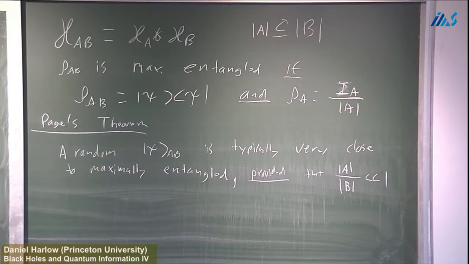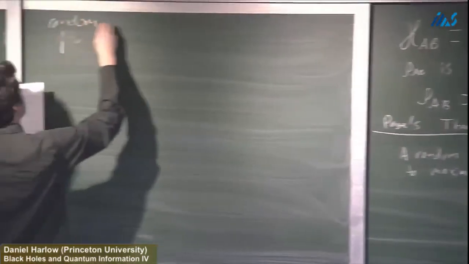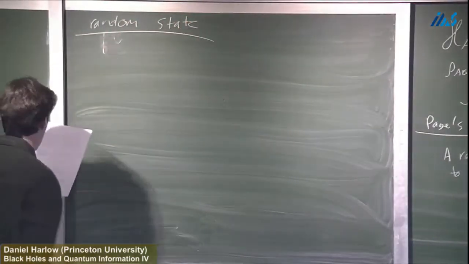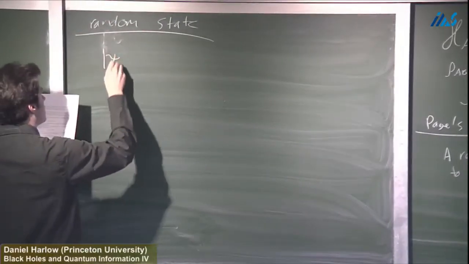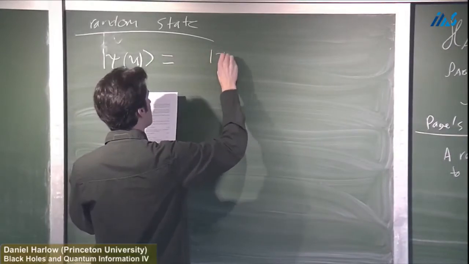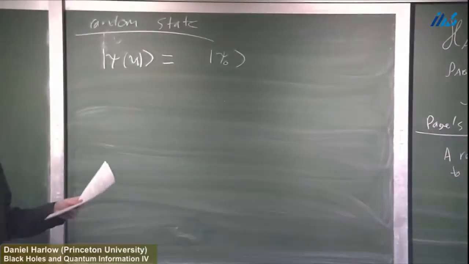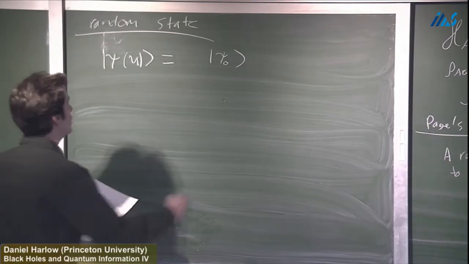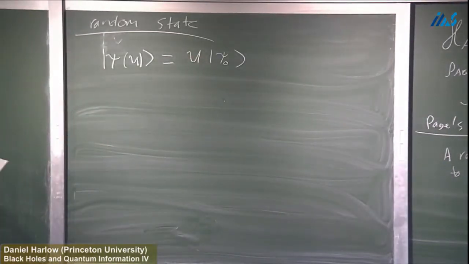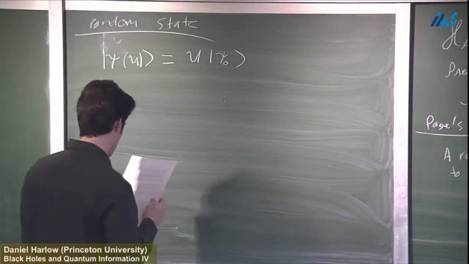So I have to define two things. First I have to say what's a random state. Well, there's one obvious way to make a random state, which is to take your favorite state, which I'll call psi naught, just some state that you like, and then you act on it with a random unitary matrix U chosen from the Haar measure, the group invariant measure on the unitary group.